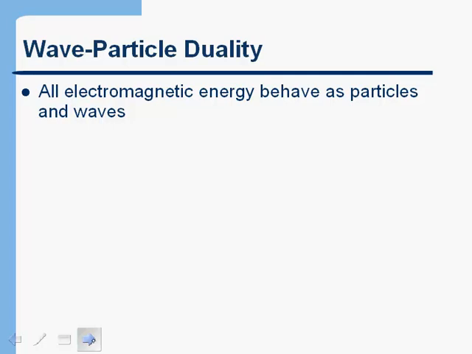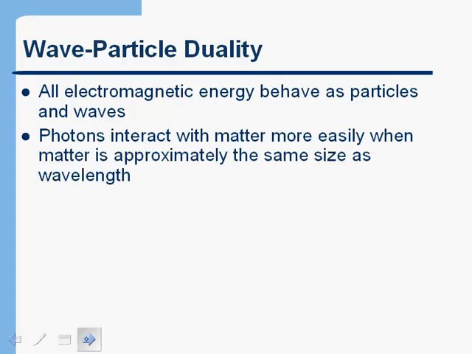Depending on what part of the spectrum we're talking about, electromagnetic energy will act sometimes more like a wave and sometimes more like a particle. And one of the things that's important for how electromagnetic energy interacts with matter is how the size of the matter compares with the wavelength.